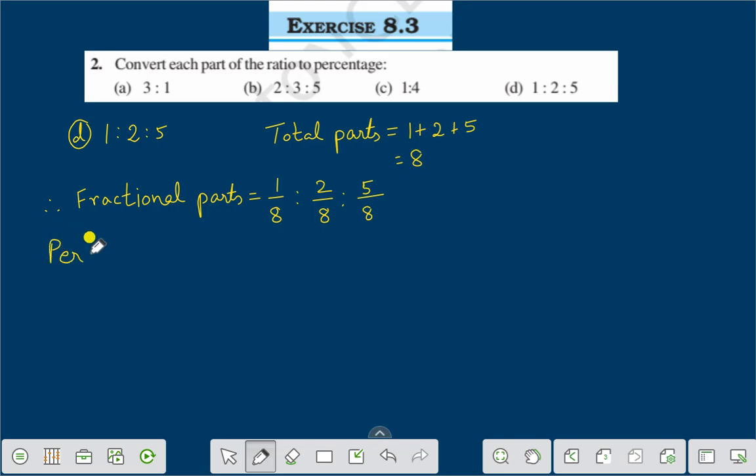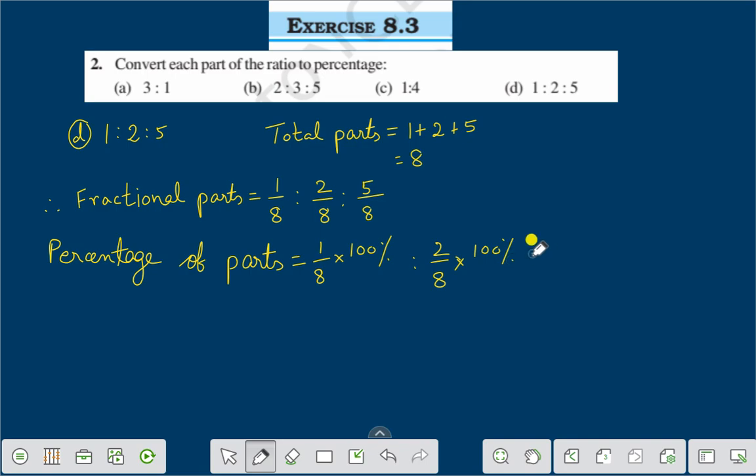Percentage of parts is equal to 1 by 8 into 100% is to 2 by 8 into 100% is to 5 by 8 into 100%. That is, 1 by 8 into 100.